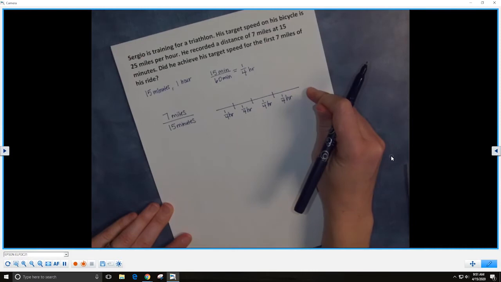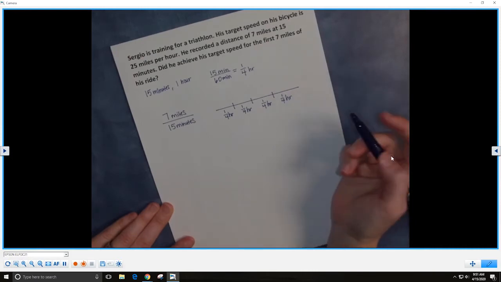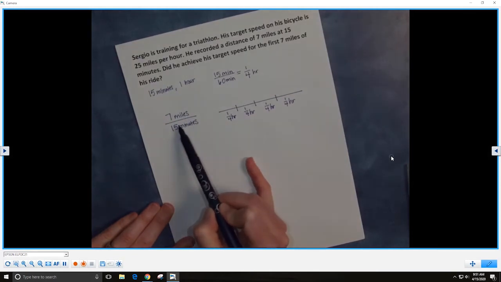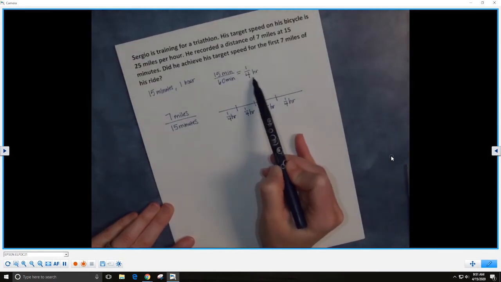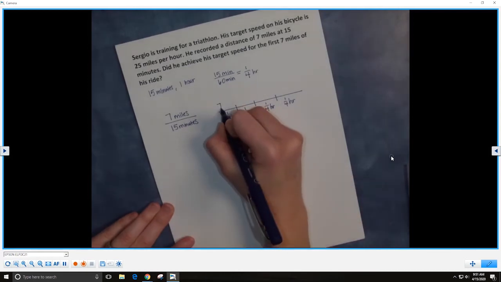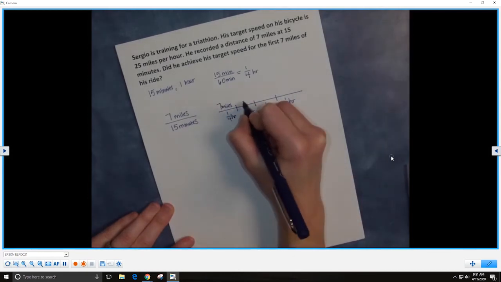And we can label each 1/4 of an hour with 7 miles because he went 7 miles in 15 minutes. Remember that 15 minutes is 1/4 of an hour. So we have 4 of those 1/4, and in each of those 1/4 of an hour, he can bike 7 miles.